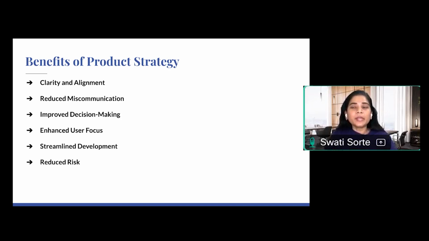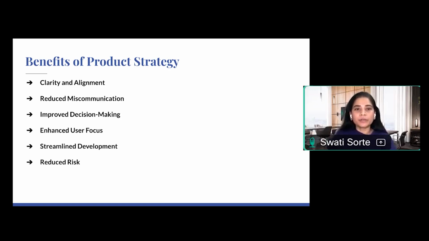So that strategy might take different variations and different forms, hence creating a well-aligned strategy matters. Everyone involved, from development to design to marketing, has a clear understanding of the product's goals, functionalities, what we are trying to achieve, and how it is contributing to the overall business goals. So this sets clarity and alignment between all the stakeholders involved in the product development process.